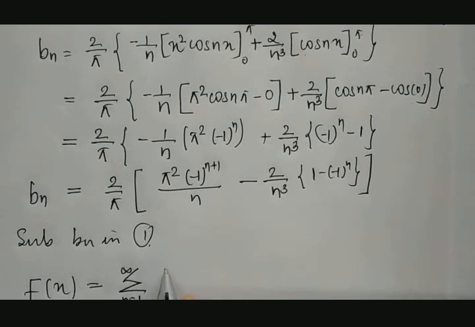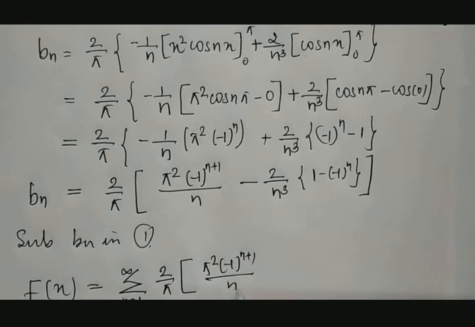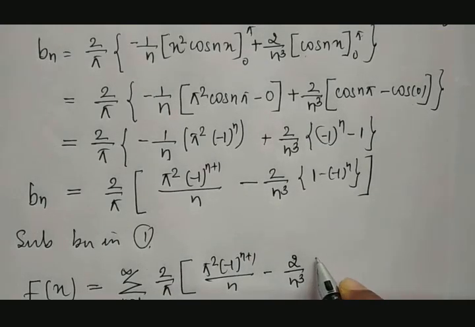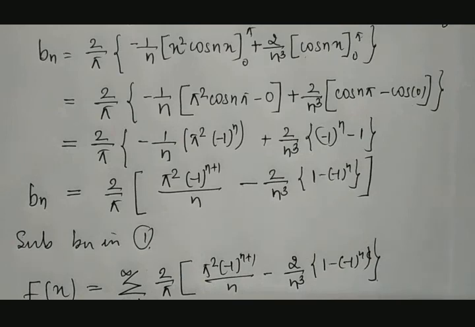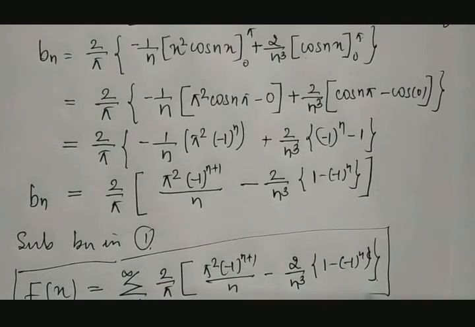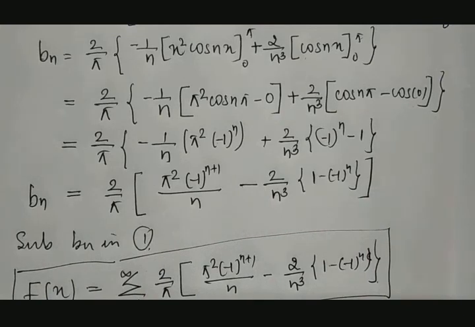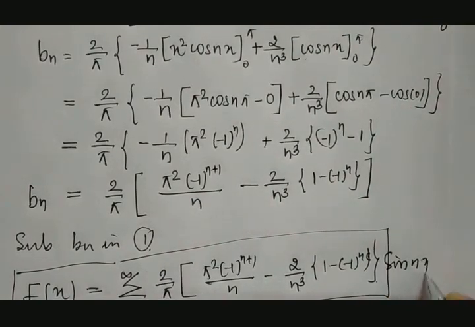What is bn? 2 divided by pi into pi square into minus 1 raised to n plus 1 divided by n minus 2 divided by n cube into 1 minus of minus 1 raised to n. Fine. So this is the required Fourier series. Even if you want, this into sin nx.